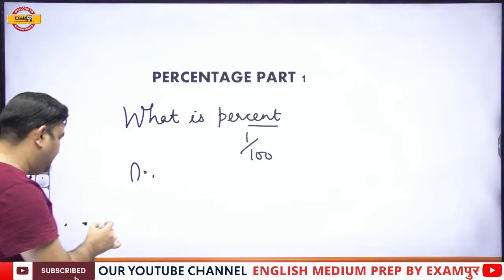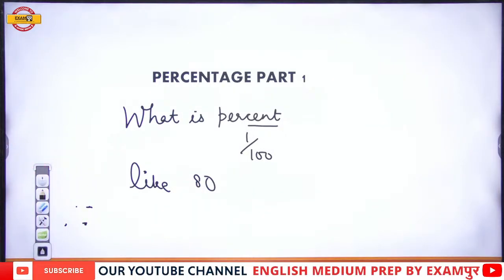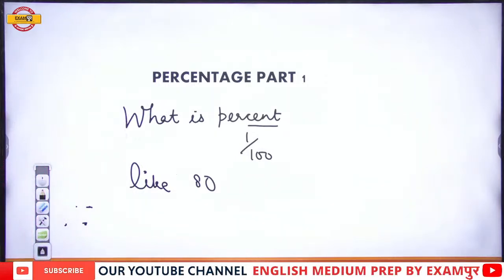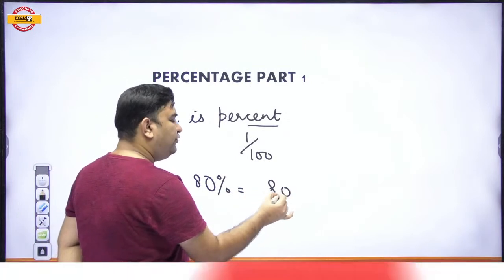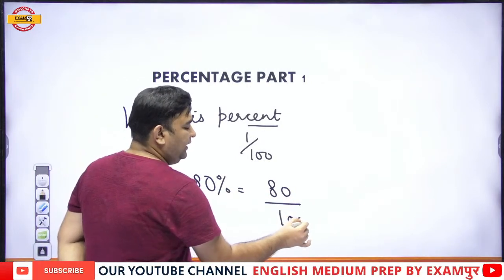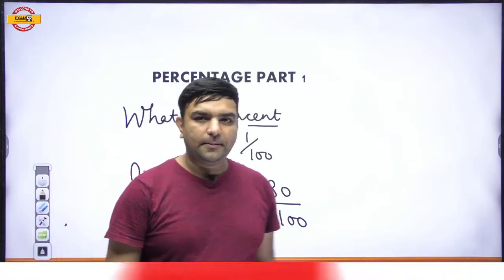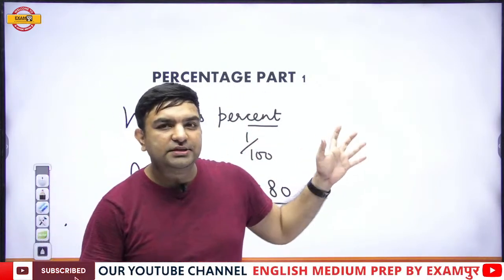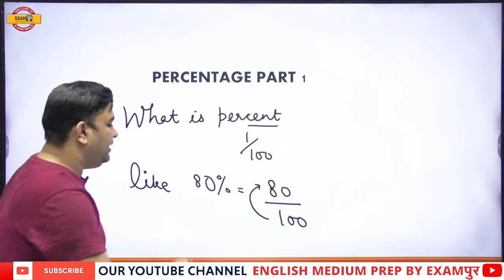Like your 80% mark says that if the exam was out of 100, you have scored 80 out of it. So this 80% is in comparison to 100.